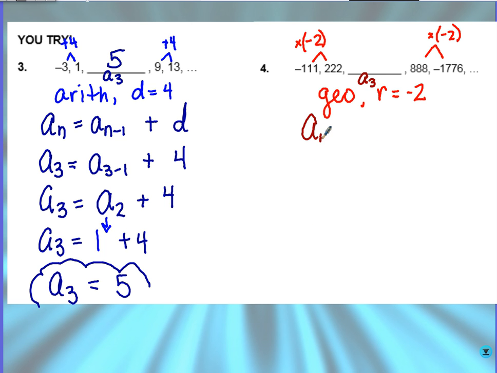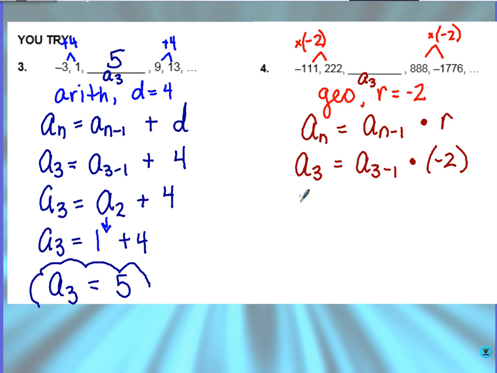To get to any term, we need to know the previous term, and we will multiply it by r. Let's start to substitute. To get to the third term, so I'm plugging in 3 for n, and I know my common ratio, so I can replace it at this time, is negative 2. Please get in the habit of always putting your negative in parentheses. Let's go on.